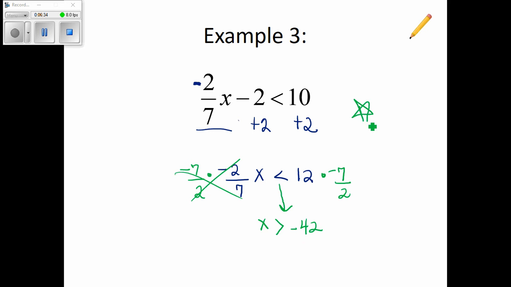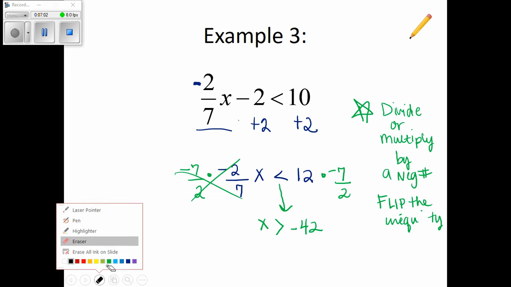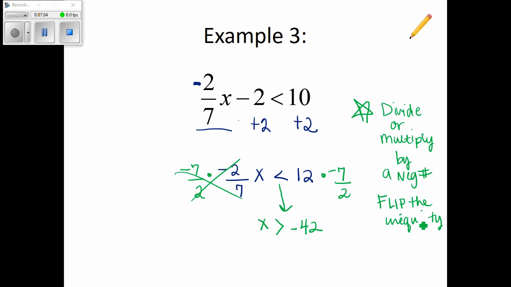So a big idea that you need to remember is that when we multiply or divide by a negative number, you have to flip the inequality sign. Not sure why it did that. Sorry about that. You have to flip the inequality sign.